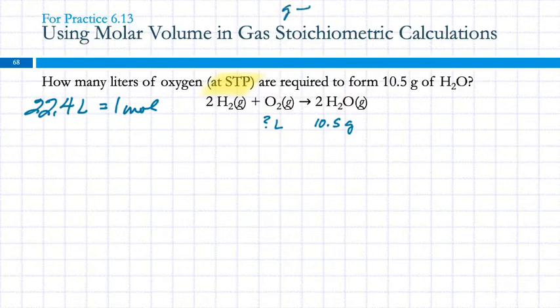So grams to moles to moles to grams. I am going to end up with grams of H2O, moles of H2O, and I'm starting with oxygen. But instead of grams, I'm starting with liters of oxygen. Questions?